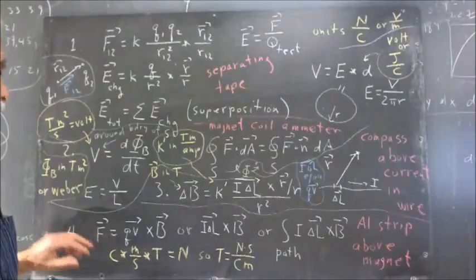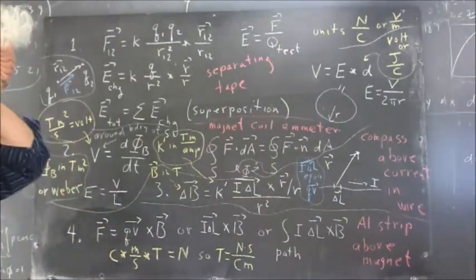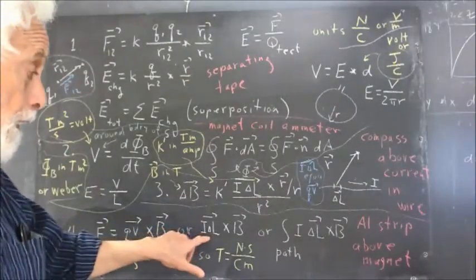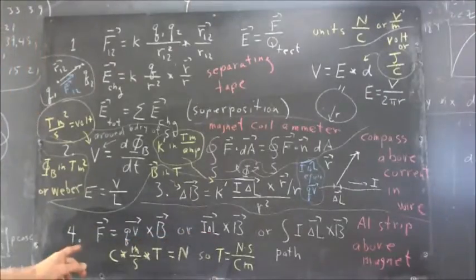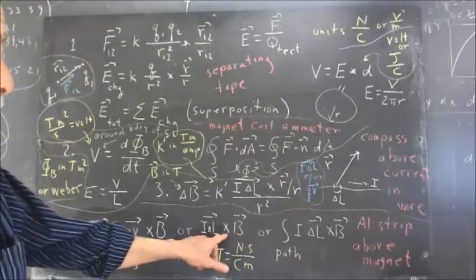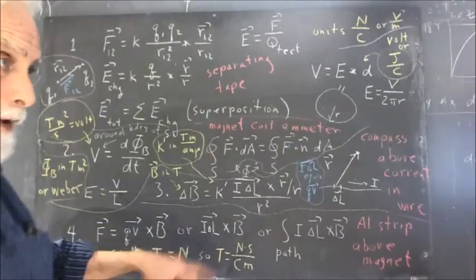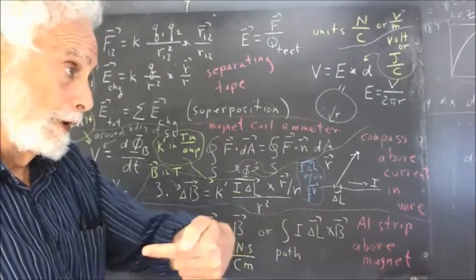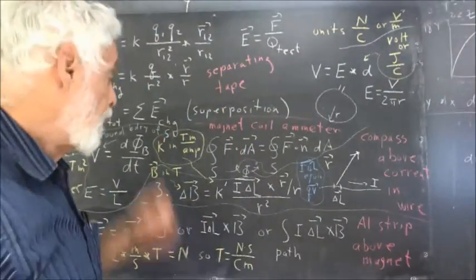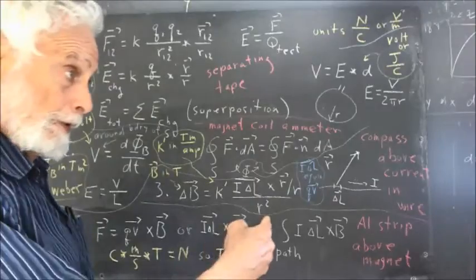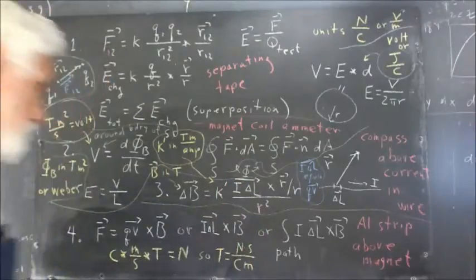So, the force exerted by a current I moving in a length increment delta L is just going to be I delta L cross B. The I delta L will be in one direction or the other in the example we're talking about. The B is either up or down, so the cross product is either this way or this way.